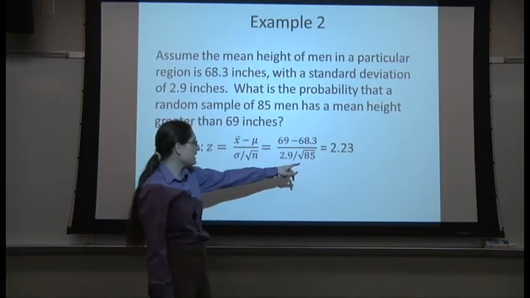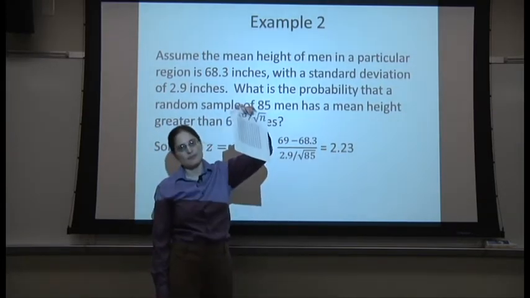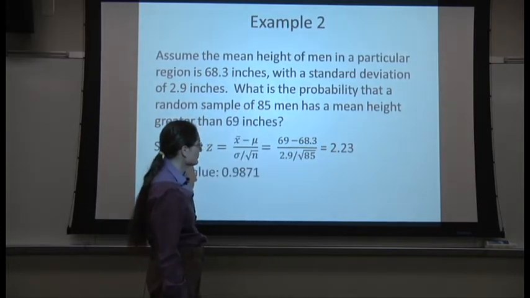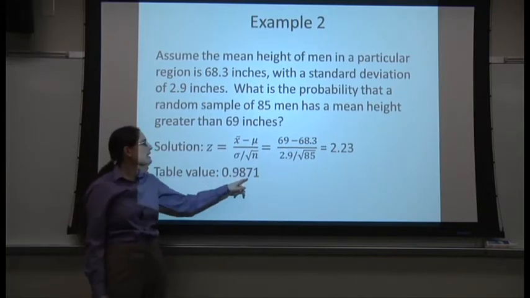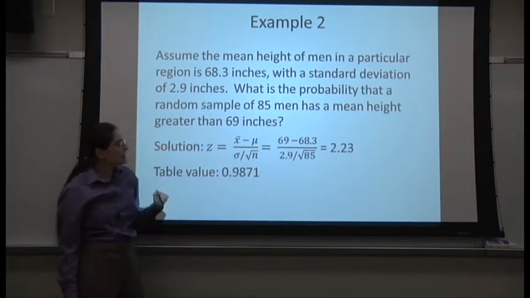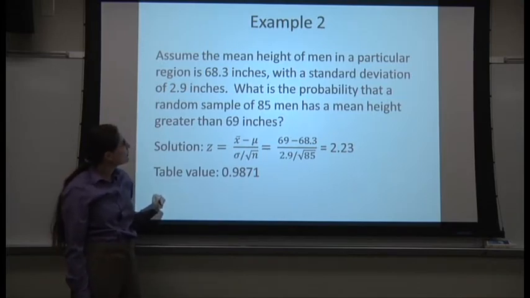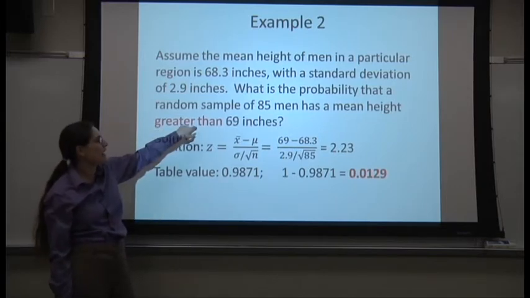Okay, we found z. What do we do after we find z? Yep, the table. The table value is 0.9871. Is that the final answer? No. It said greater than.